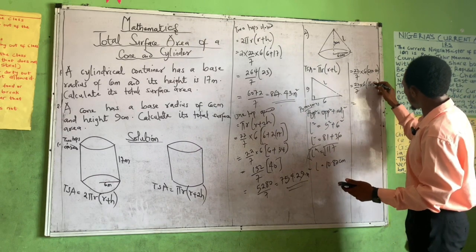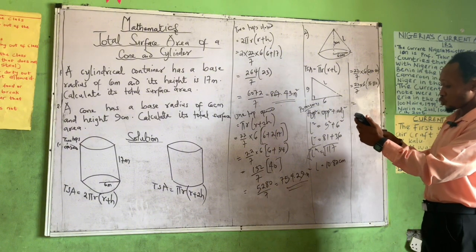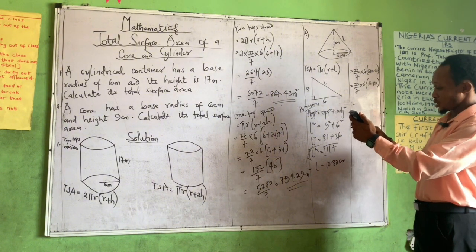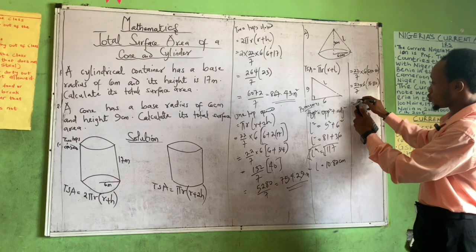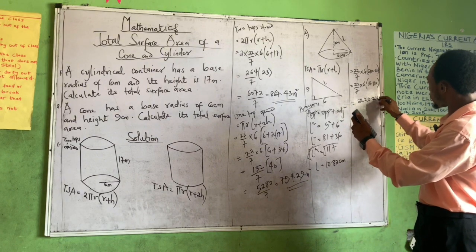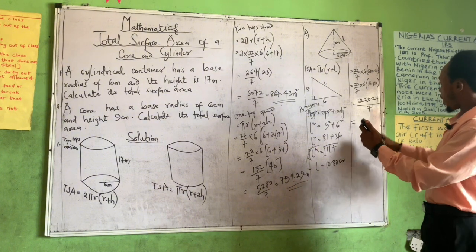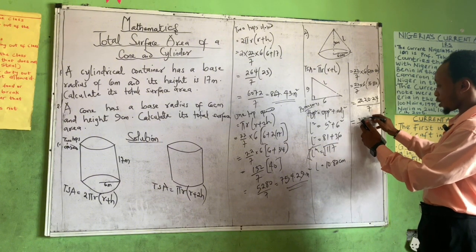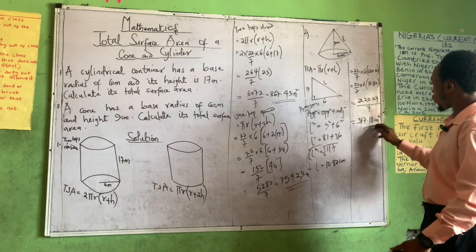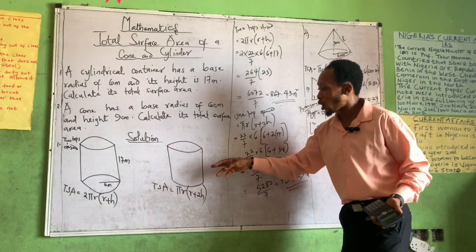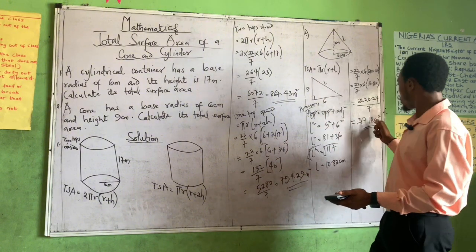We have 22 times 6 times 16.82, which is 2220.24, everything over 7. Divided by 7, we have 317.18 centimeter square. Remember, area is measured in square units, so that's why we have centimeter square.